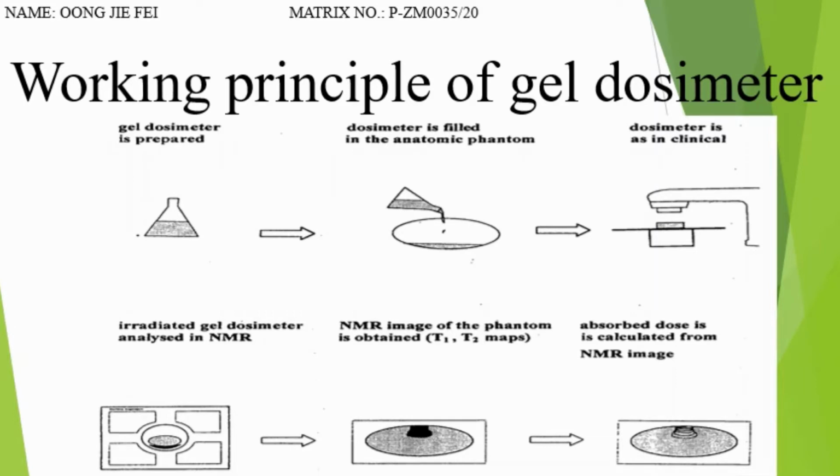First, the gel dosimeter is prepared, and then the dosimeter is filled in the anthropomorphic phantom, and then it will irradiate the gel dosimeter and analyze with MRI, and then NMR images of a phantom are obtained. Absorbed dose is calculated from the NMR images.